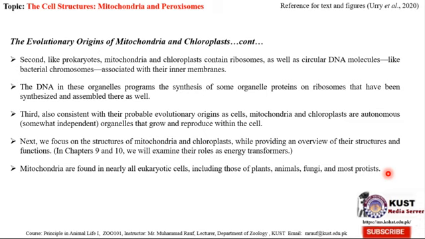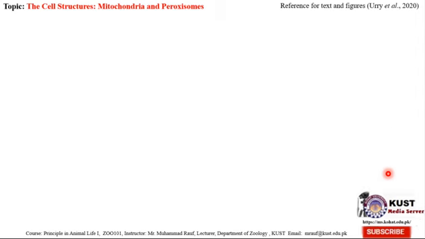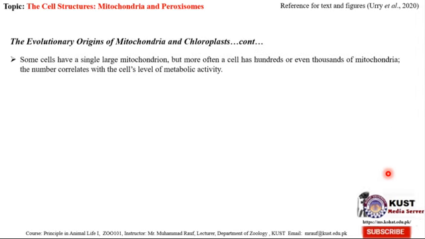Of course, they are the powerhouse of the cells, and the cells do need energy for survival. So all the eukaryotic cells have mitochondria, and some cells have a single large mitochondrion, but more often a cell has hundreds or even thousands of mitochondria depending upon the metabolic needs and the activity performed by a cell.